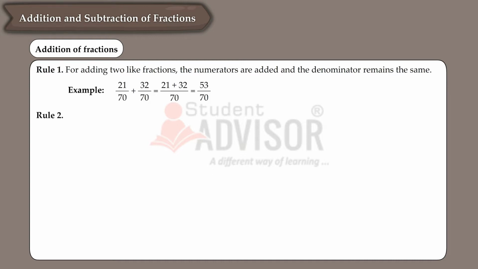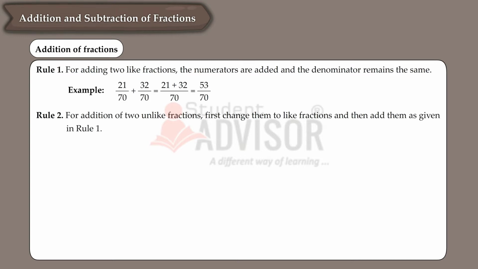Rule 2. For addition of two unlike fractions, first change them to like fractions and then add them as given in Rule 1. Study the given example.